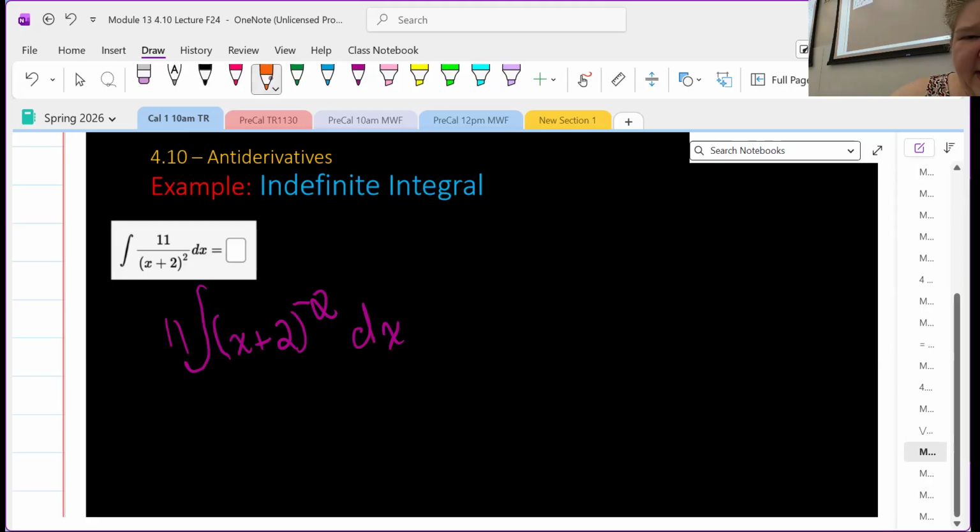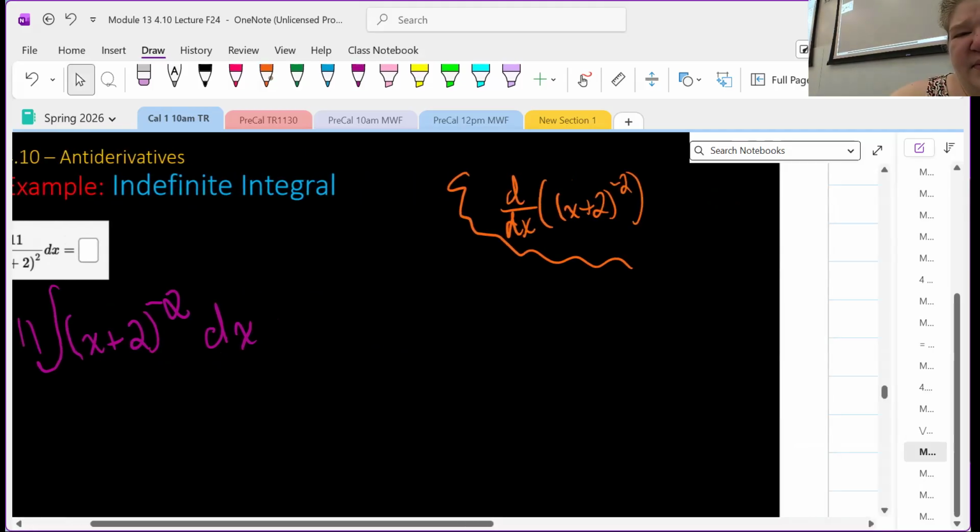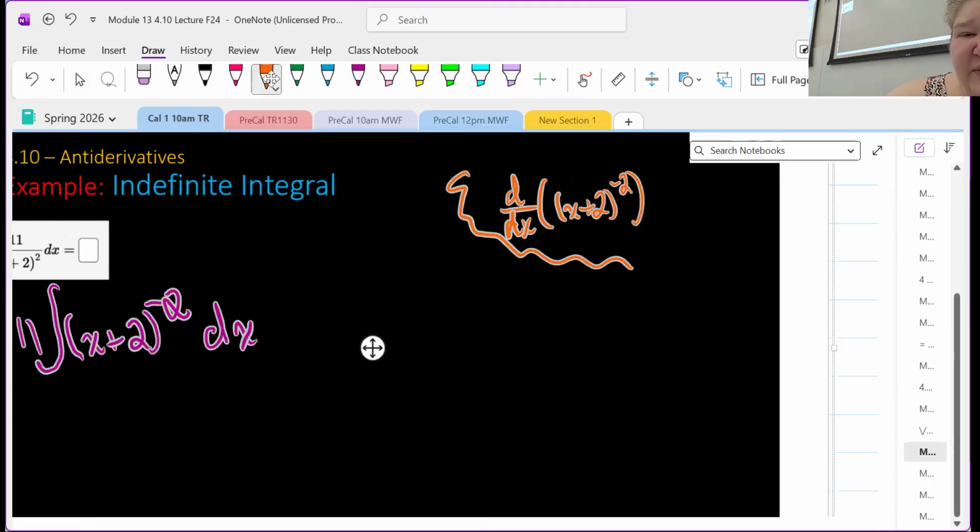Now this is where I kind of sidebar. If I was doing the derivative of this, well, my derivative here, this is setting up a chain rule. So I've got thing to the -2, so I'm going to use my power rule on that, and then I'll multiply by the derivative of the inside.